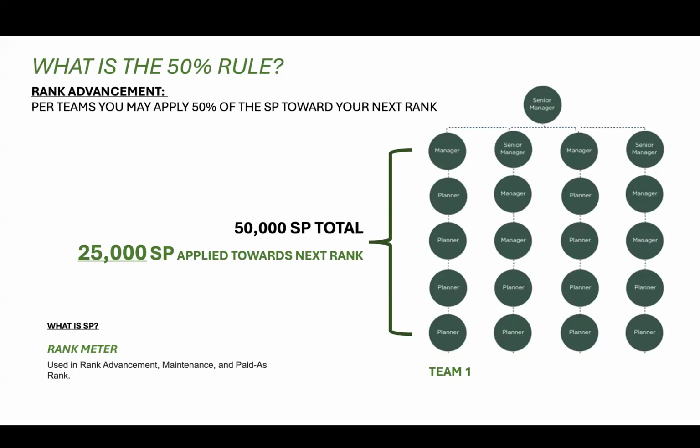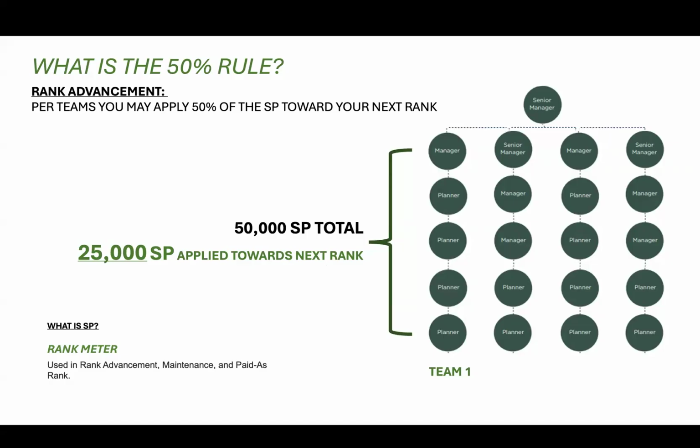To become a team leader or senior manager, any of these ranks, you hit the ranks by accumulating SP. So if you accumulate 50,000 total SP in one leg, you can use 50% of that to apply to your next promotional rank.